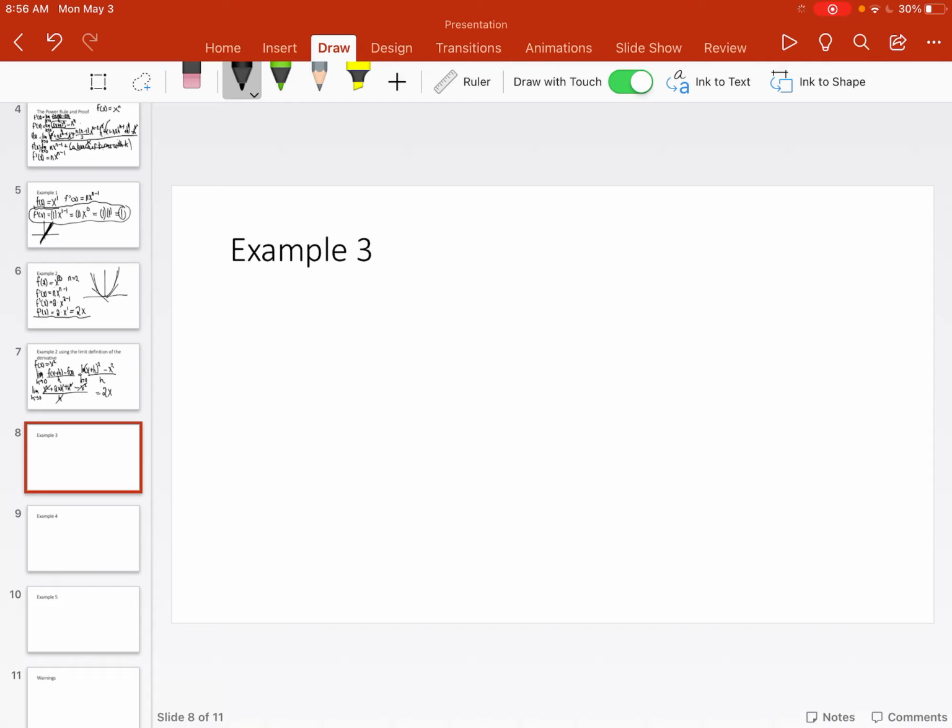So like I said, I've said this a lot of times, you've got to have strong pre-calc skills. So let's consider our function, f of x is root x. At first look, this might seem a little complicated. Well, I said have strong pre-calc skills.